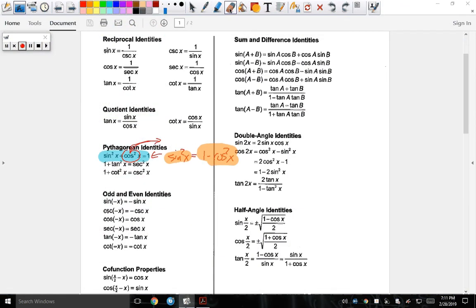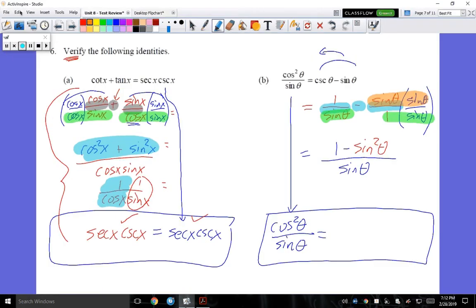So if I were to move the sine squared over, subtracting this sine squared over to the right, I would be left with cosine squared on the left, and then that 1 minus sine squared on the right. So anywhere where I see 1 minus sine squared, I can substitute cosine squared.